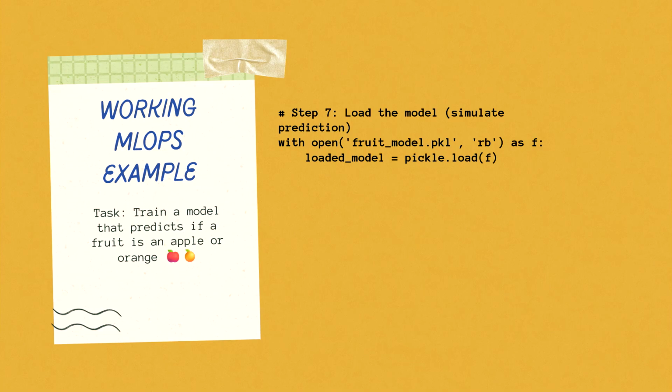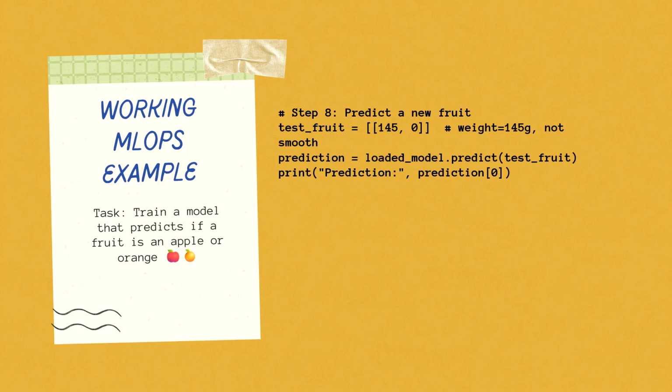It tries to draw a line to separate apples from oranges based on features like weight and smoothness. It then calculates the probability that the input is an apple and classifies based on that. Logistic regression uses a math formula.